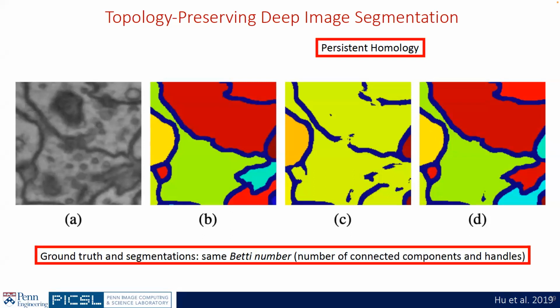Again, Betti numbers are those number of connected components, handles, and cavities, right? Persistent homology, you will see now. So again, this is some kind of cell that we are interested in segmenting into these different regions. And you want to make sure that the boundaries are well segmented, right? So image, the ground truth looks nice.